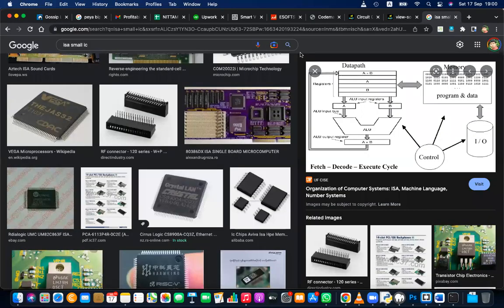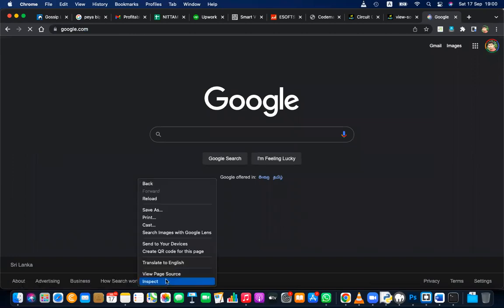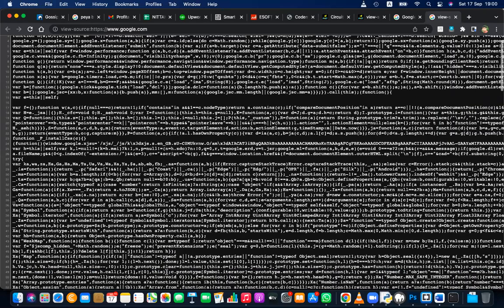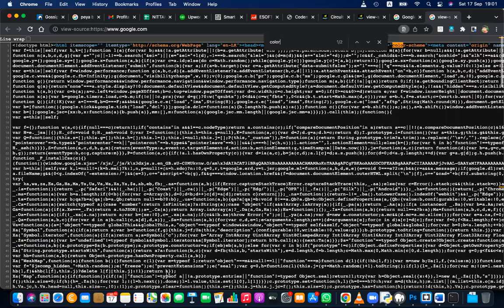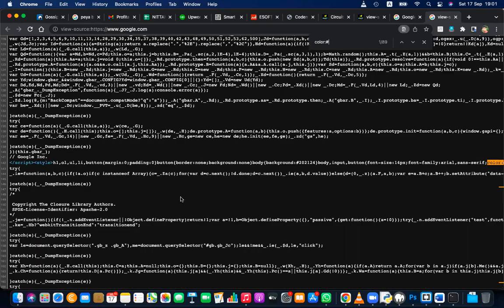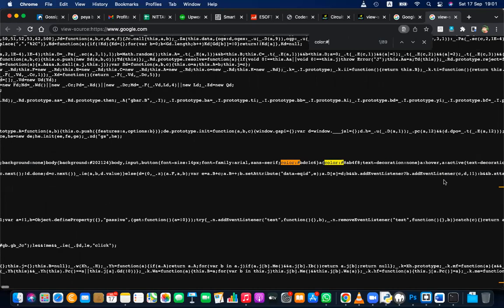Okay, let's go to a very simple page. Google. Right click, view page source. So this is the code for Google. Right? If you explore these things, you can see here the colors are given here.